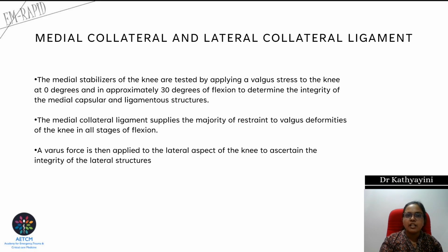The medial collateral ligament supplies the majority of restraint to valgus deformities of the knee in all stages of flexion. A varus force is then applied to the lateral aspect of the knee to ascertain the integrity of the lateral structures. So the medial structures' integrity is tested by the valgus test, and the lateral ligaments' integrity is tested by the varus test.